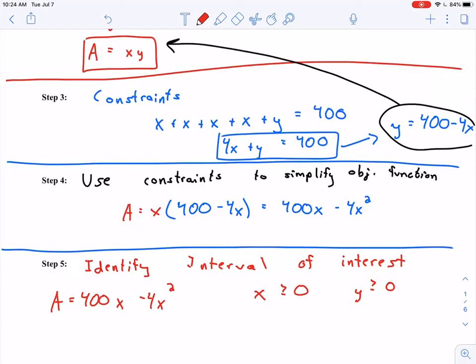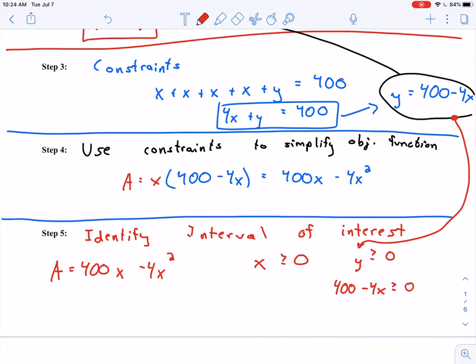So here I'm also going to take that constraint function that I wrote up here, and plug that in here as well. So 400 minus 4x is greater than or equal to 0. And I can solve this inequality relatively quickly. I should have negative 4x is greater than or equal to negative 400, which means x is less than or equal to 100.